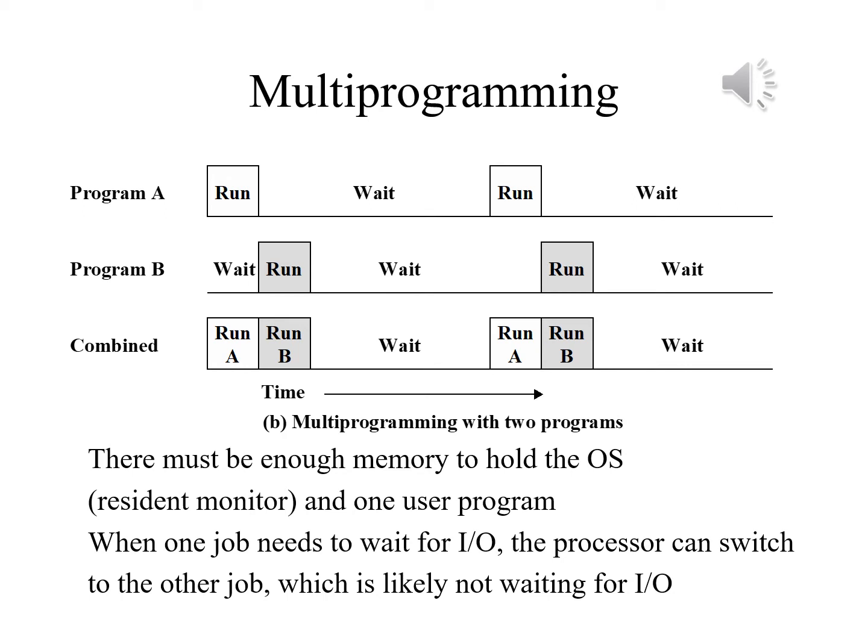We know that there must be enough memory to hold the operating system, in other words, the resident monitor, and one user program. Suppose there is room for the operating system and 2 user programs. When one job needs to wait for input-output, the processor can switch to the other job, which is likely not waiting for input-output.